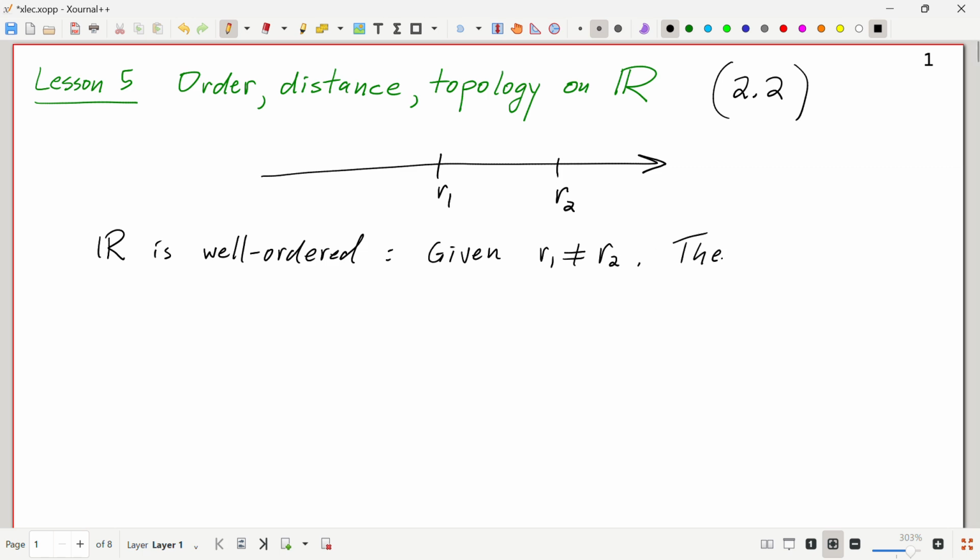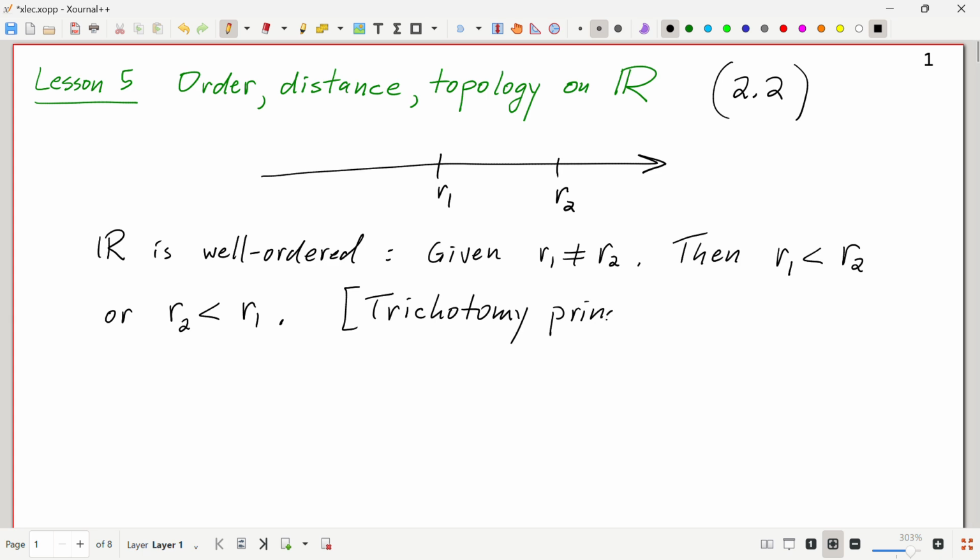And, of course, not both. And you can deduce that from the trichotomy principle from last time.